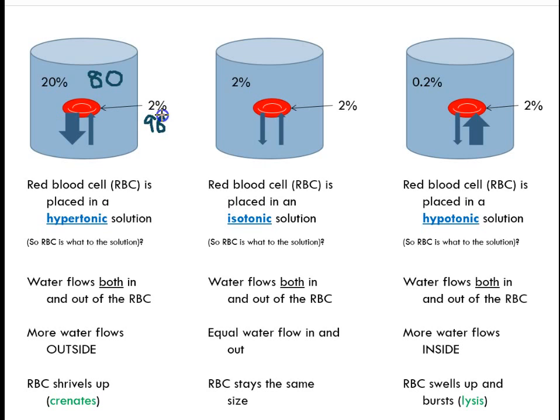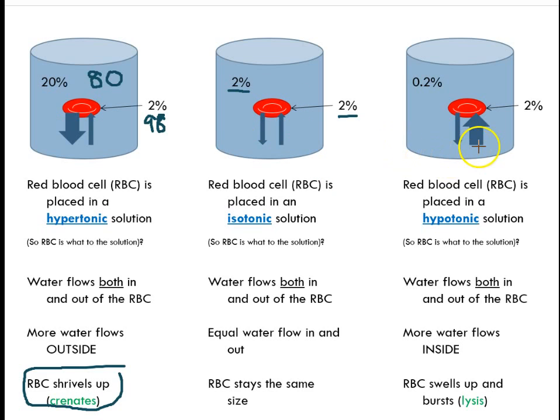So where's there more water? There's more water inside the cell. And because there's more water inside the cell, the water is going to start to rush out of the cell, and eventually the cell will shrivel. And when the cell shrivels, we're going to have a major problem. The cell will actually die. We're hoping your body's like this, where it's equal concentrations inside and outside the cell, so your cells are happy.